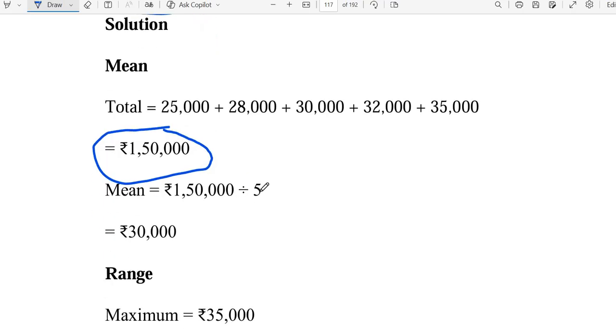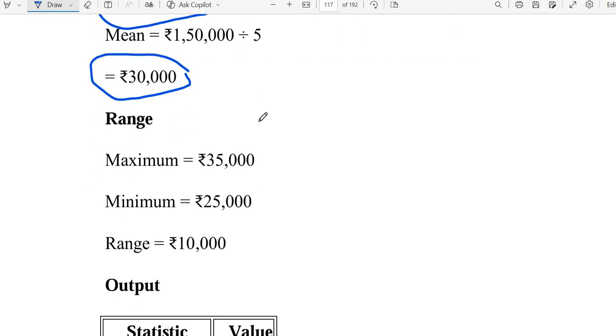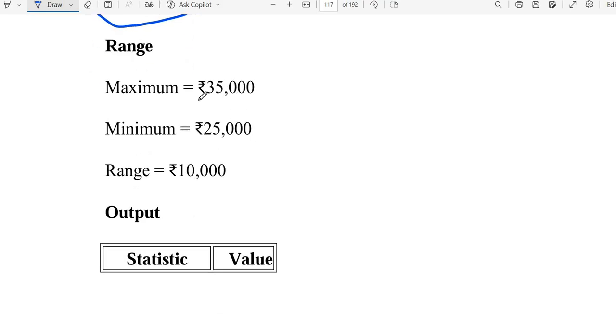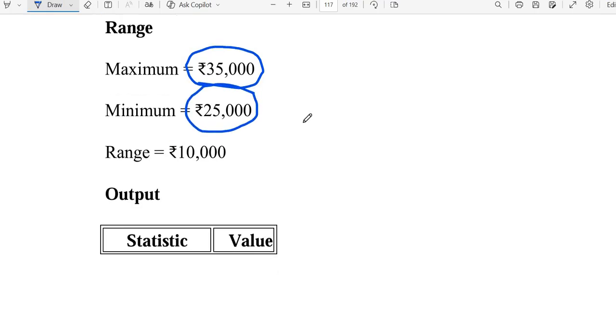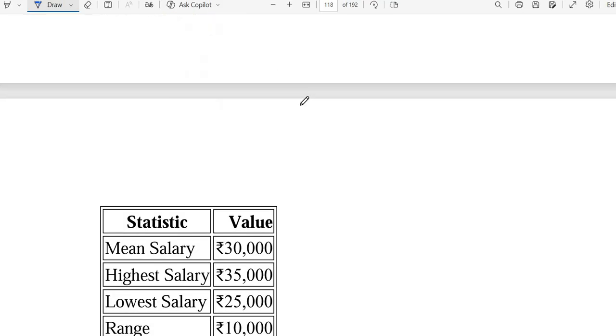Calculating the mean, we get 1,50,000 divided by 5. That is, the average salary is 30,000. Now what is the range? Maximum minus minimum. Maximum salary is 35,000 and minimum salary is 25,000. That is 10,000. What is our output?